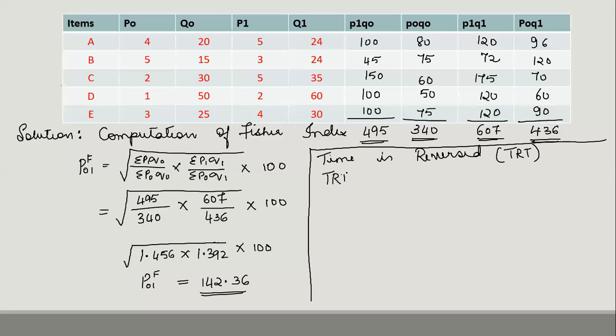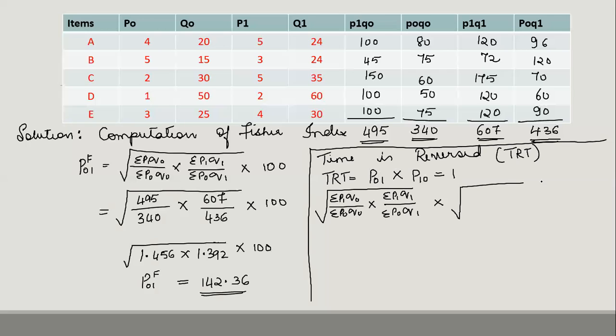TRT is equal to the price of the base and current year into the price of the current and base year, which should be equal to 1. We will write the formula: square root of summation P1 Q0 divided by summation P0 Q0, into summation P1 Q1 divided by summation P0 Q1, into the reverse. You have to interchange the base and the current here.